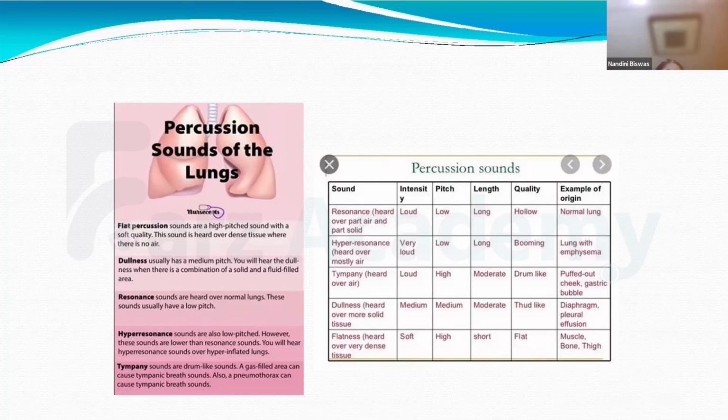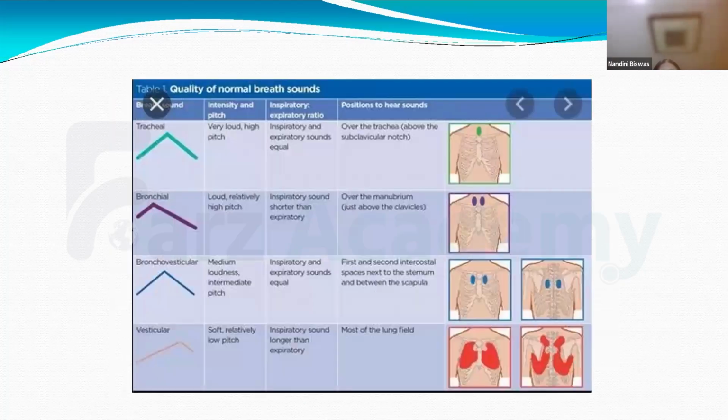So that's what is written: dullness, resonant, which is normal, hyperresonant, that is tympanic, when there's pneumothorax. We normally don't tend to give pneumothoraces in examination, so what you need to remember is dullness, that usually comes in exams. So these are very important things, and you need to make a mental note of that.